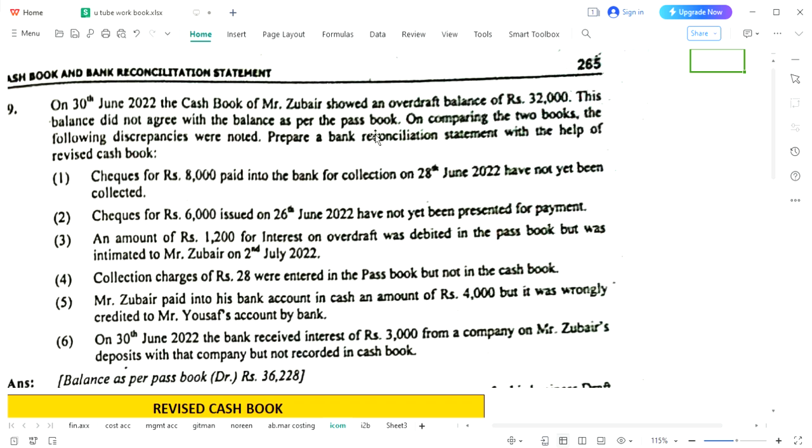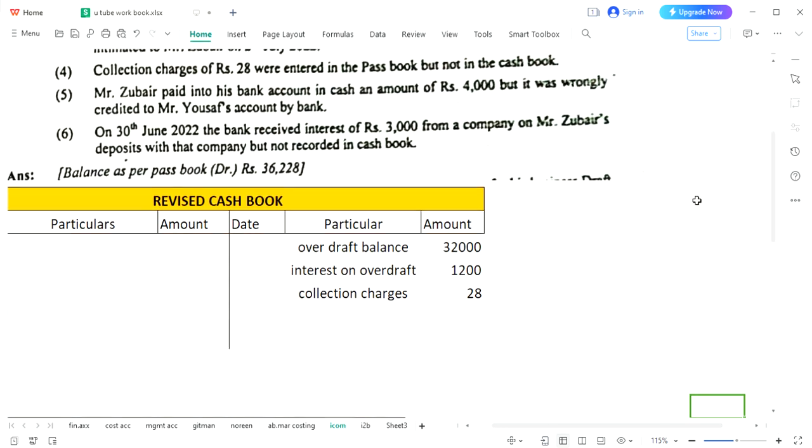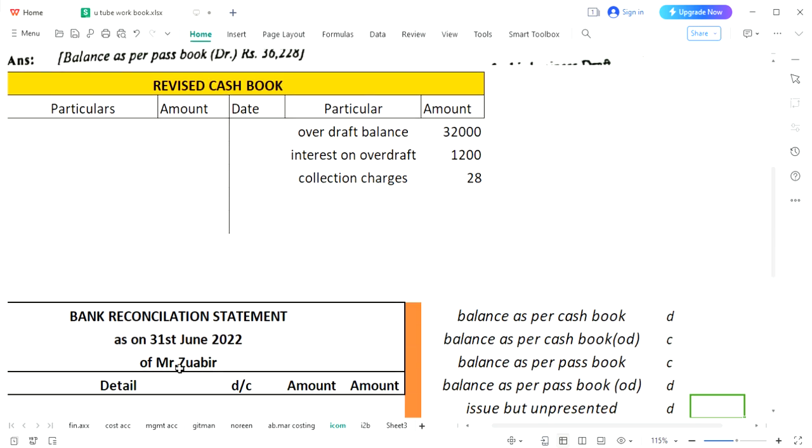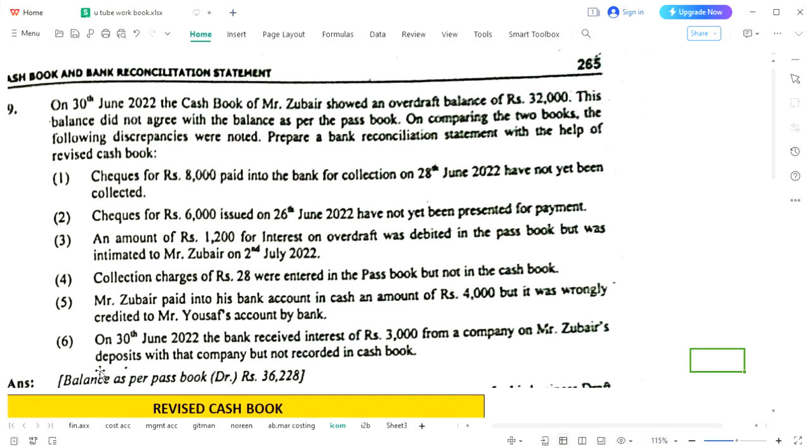We are making this account for Mr. Zubair, and we have mentioned over here, look, this account is made for Mr. Zubair, and bank had given wrong credit to Yusuf. Please note we are not concerned with Yusuf. We are concerned with Zubair.